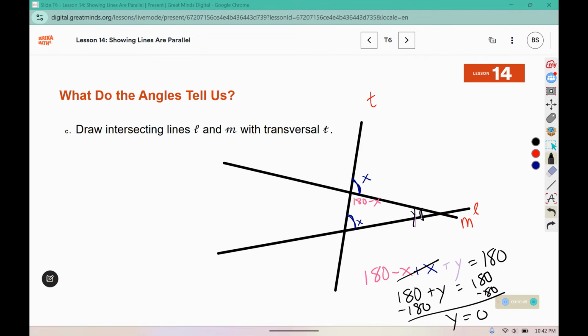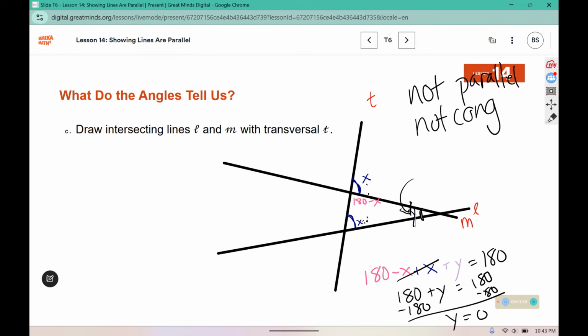Can this angle here be 0 degrees? Well, no, because it's creating an angle. So we can't have a 0 degree angle there. That would just make a straight line. So it's impossible for these two correspondings to be the same. So if the lines are not parallel, they are not congruent, and we know that that is a true statement.